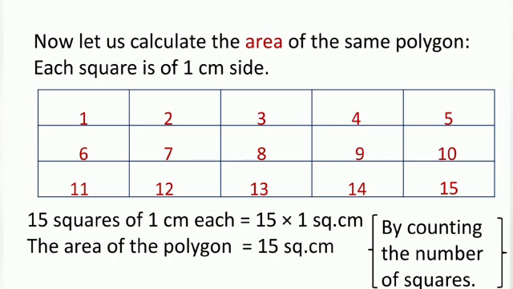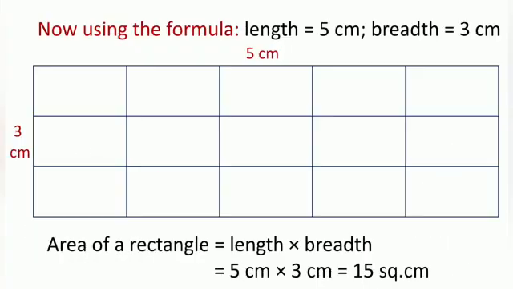There are 2 ways of finding the area. The first method. Here the number of squares occupied is 15. So we can say the area of this rectangle is 15 square centimeter.